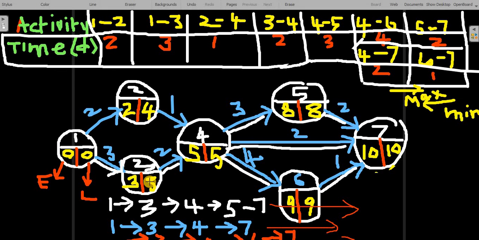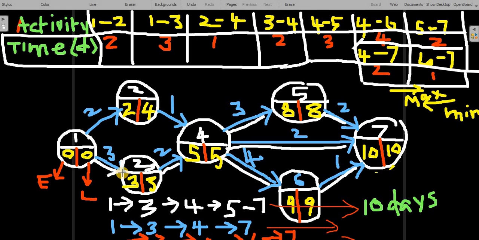From here to here 3 days, from here to here 2 days, from here to here 3 days, 8 days. From here to here 10 days. Through the second path we will calculate.